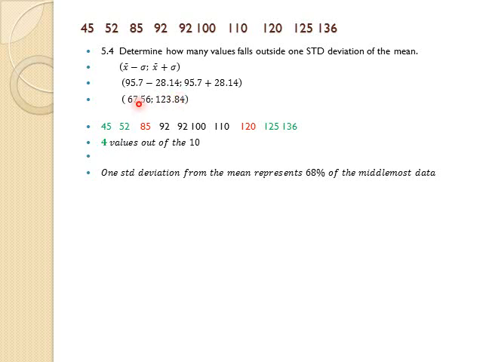Smaller than 67.56 is 52 and 45. Bigger than 123.84 is 125 and 136. So therefore I have 1, 2, 3, 4 values out of the 10. So as I said, 1 standard deviation from the mean represents basically 68% of my middlemost data.